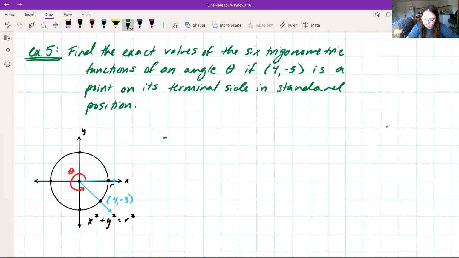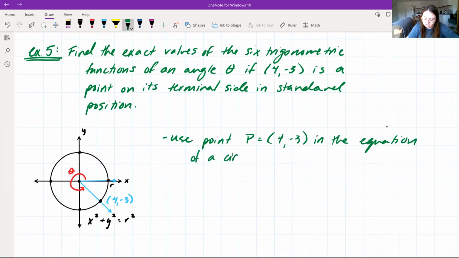So we want to use point P, which was 4, -3. We want to use the points in the equation of a circle in order to find the value of r.